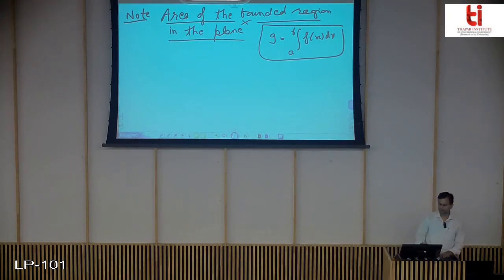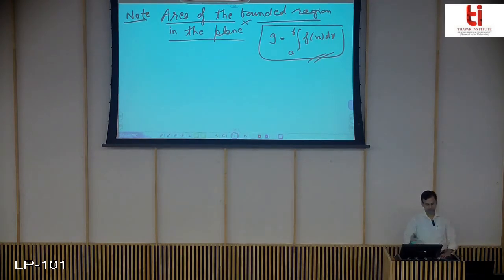Similarly, for finding the area of the bounded region in the plane, we can also use a double integral, and that is much easier, because in the single integral case you can find the area only when f(x) is positive. Otherwise you have to plot f(x) and see for which values of x it is going up and down, and that becomes very complicated. You will not be able to get the exact area unless you know for which values f(x) is positive and for which it is negative.